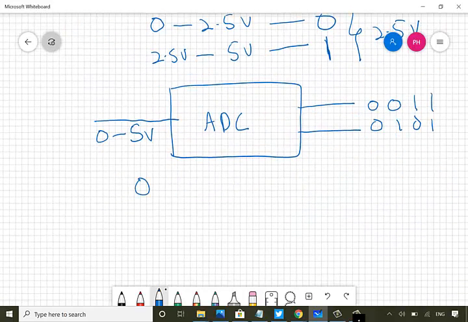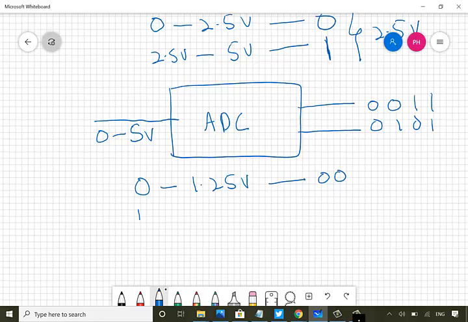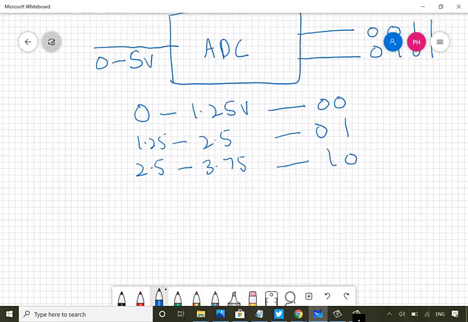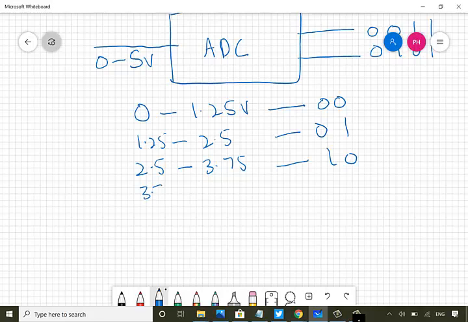We may have 0 to 1.25 volts using one of the states, 1.25 to 2.5 as another state, 2.5 to 3.75 as another state, and 3.75 to 5 volts as another state.